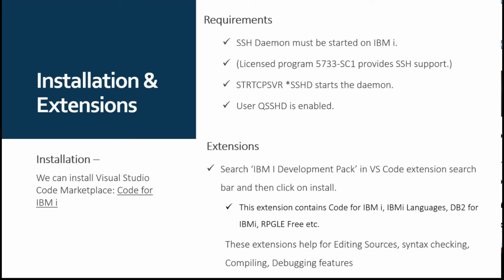Now the extensions. VS Code is an open source editor, so we can edit any sources. But when we install the IBMi Development Pack, this extension has many other extensions bundled into it.